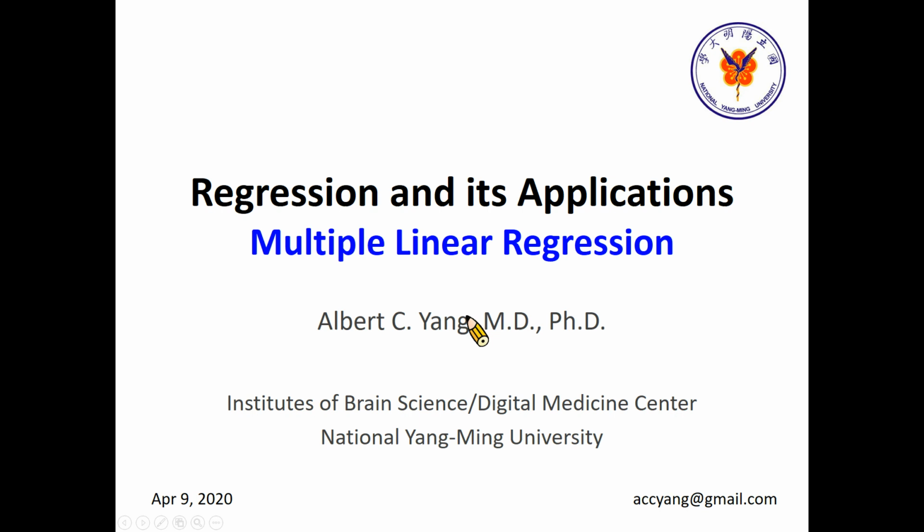So I plan that we will introduce and illustrate how to do multiple linear regression in the first half of the class, and then we will continue our journey to the prediction of brain age using MRI data.